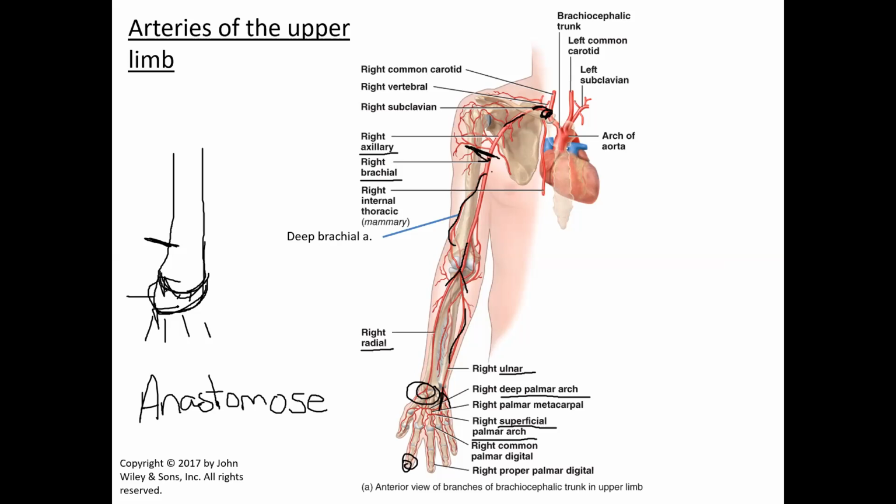That being said, each has a major contributor. The superficial palmar arch gets more blood from the ulnar artery, and the deep palmar arch gets more from the radial artery. Again, they are there as a backup plan in case there's a blockage in one or the other, then the other one can fill in.